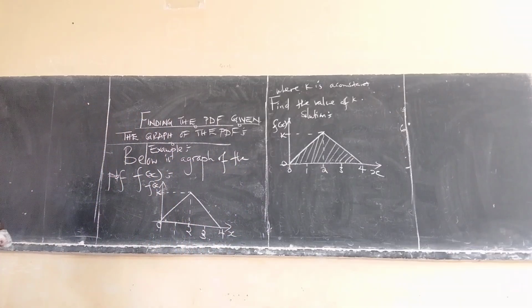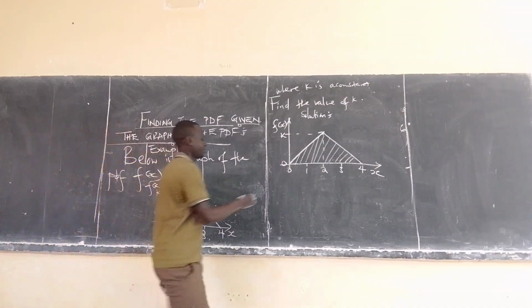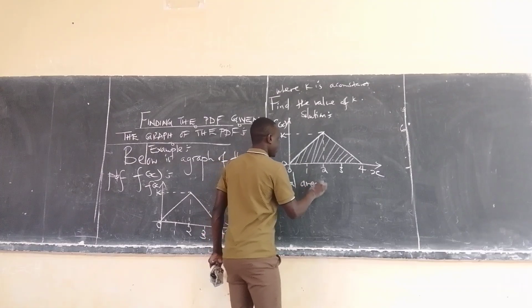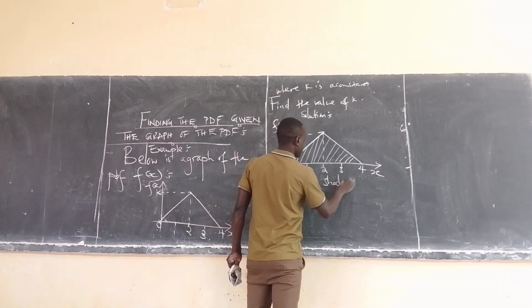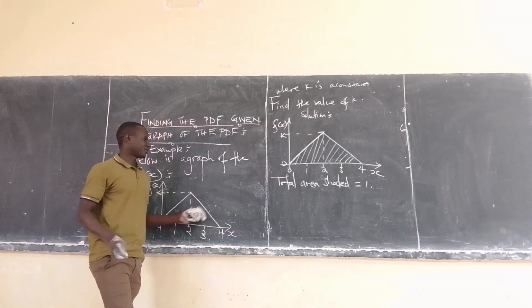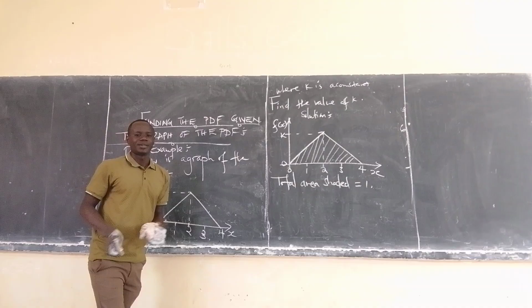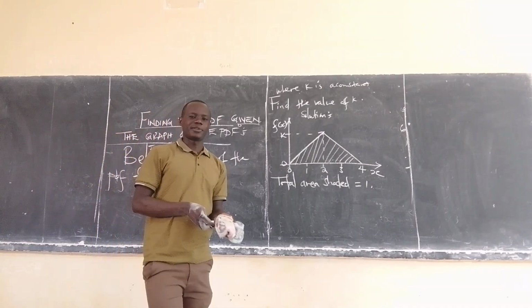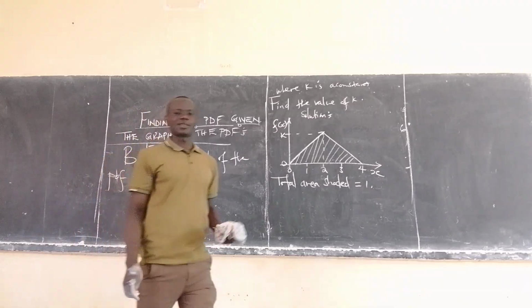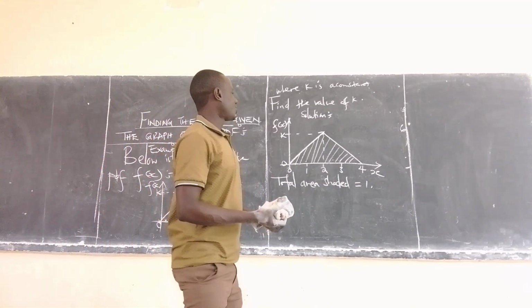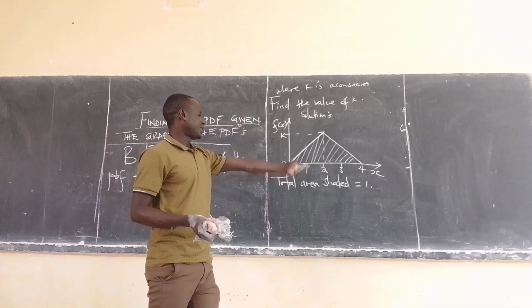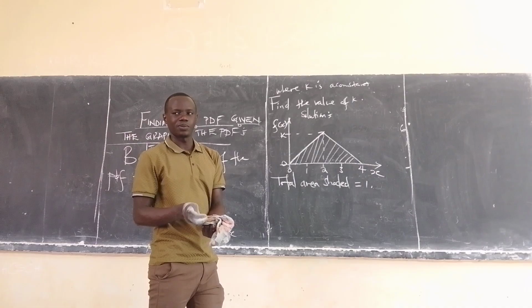After shading that region, you say that the total area shaded should be 1. You don't shade it on the original question, but you redraw the PDF on some paper, because they may come and shade where they have written the example and it will lose meaning. So you redraw and then you shade. Then you say the total area shaded is a 1.